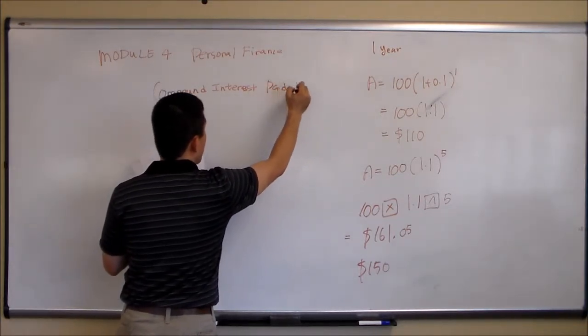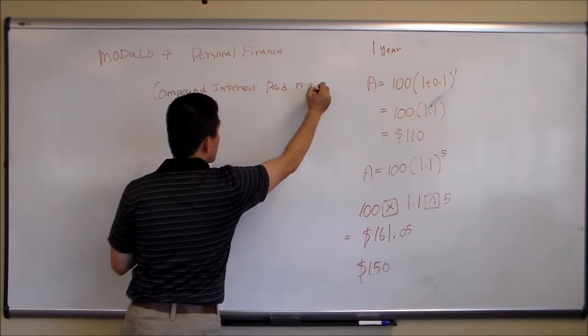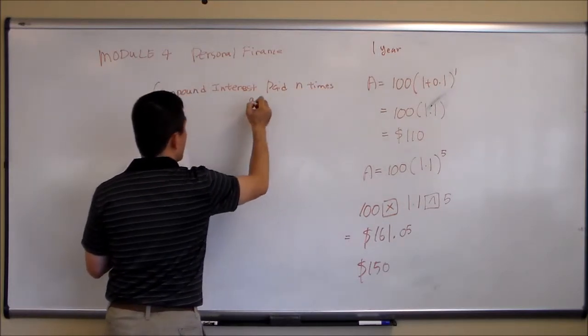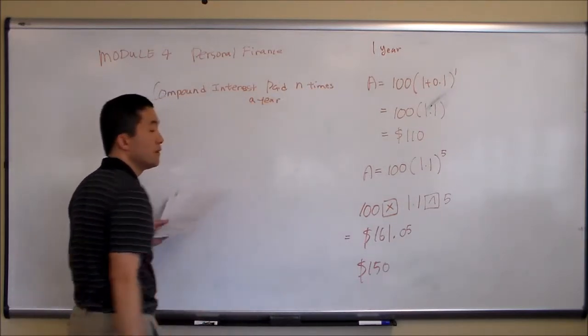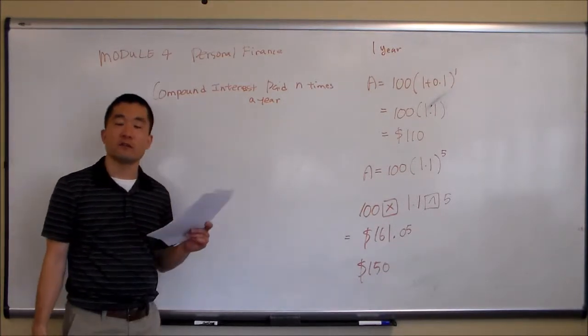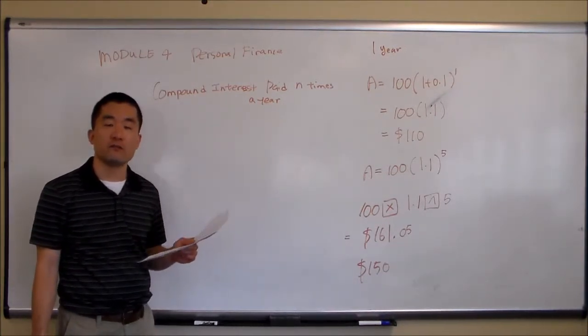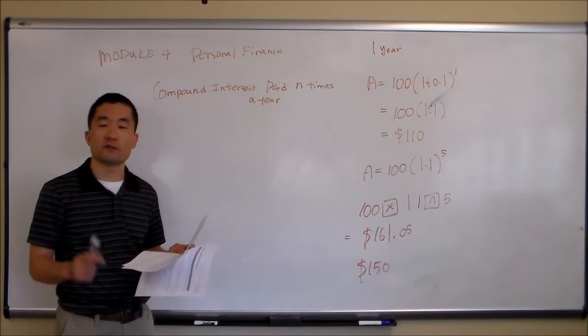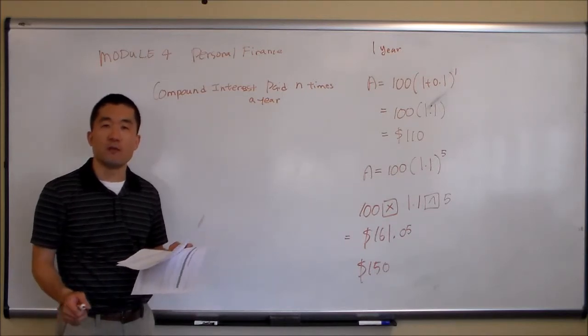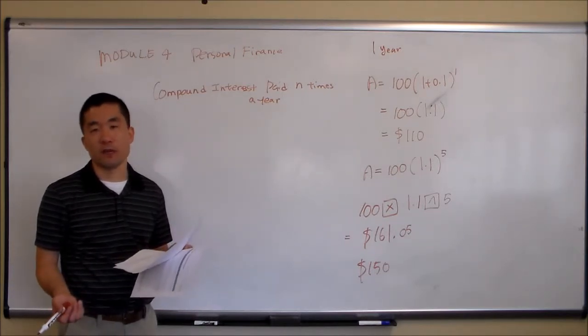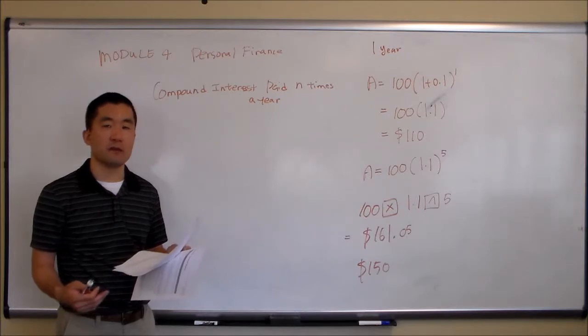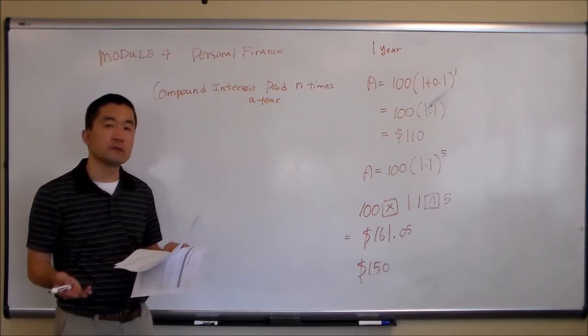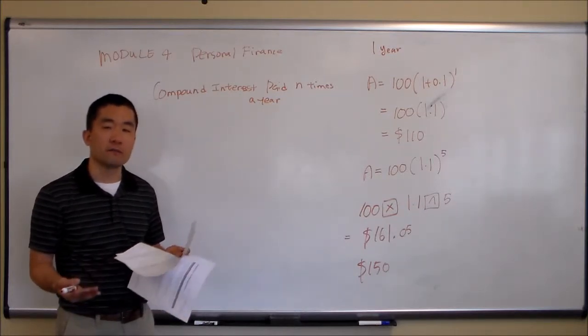Paid n times a year. The previous example assumed that you only pay back interest once a year. But if you look at loans, that's not typically the case. You typically pay back every quarter, every month, or even every day.